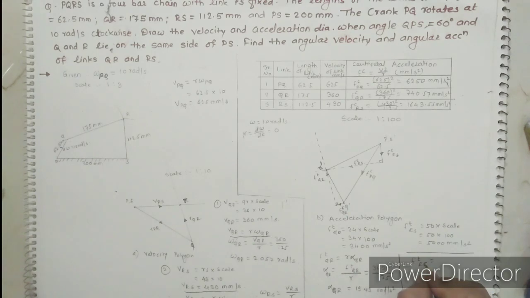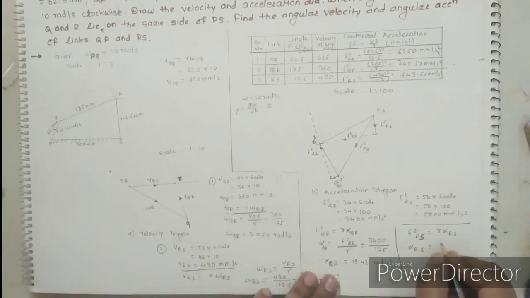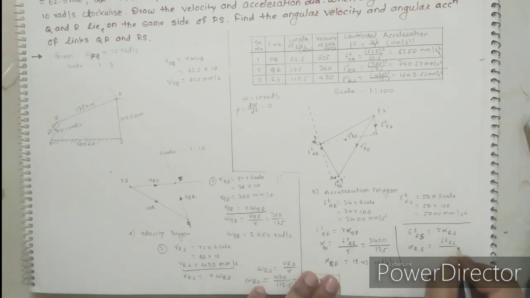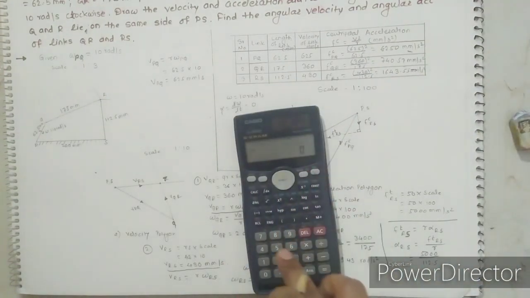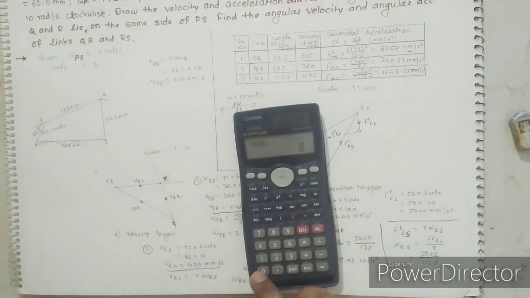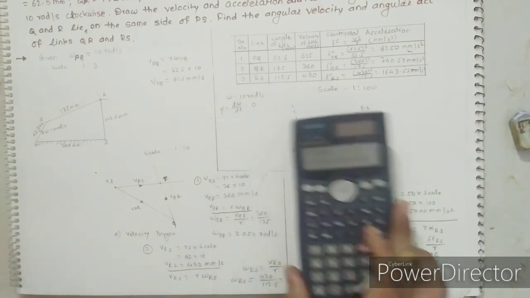Now for FTRS equal to R alpha RS, alpha RS equals FTRS upon R, which is 5000 divided by the length of RS, 112.5. So 5000 divided by 112.5 is 44.44.